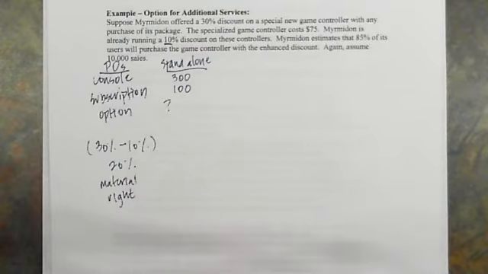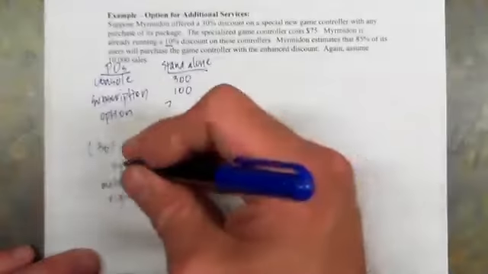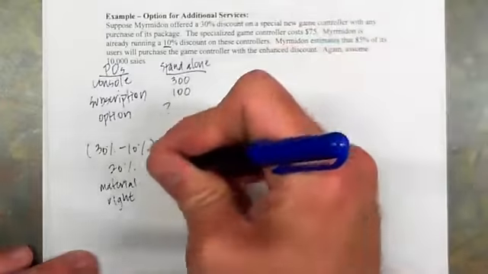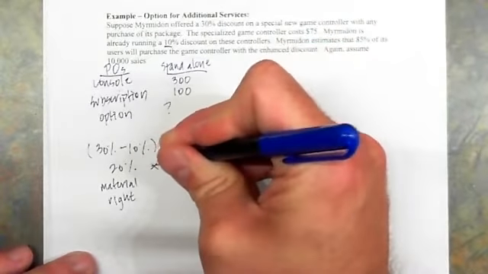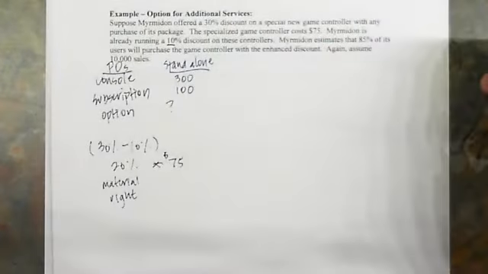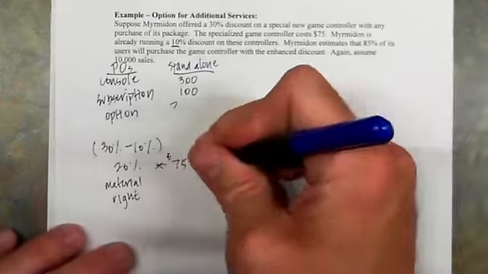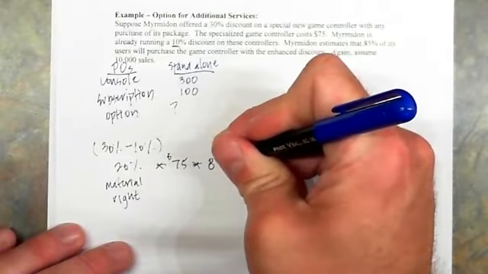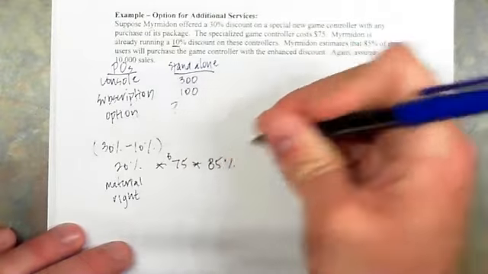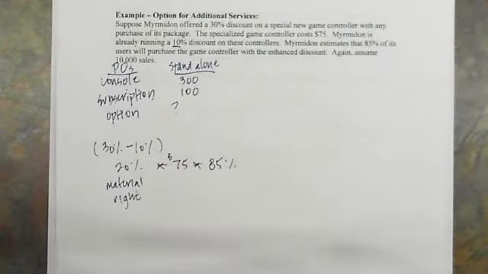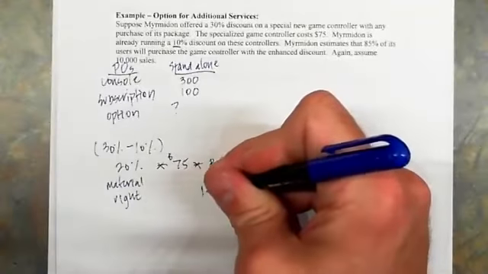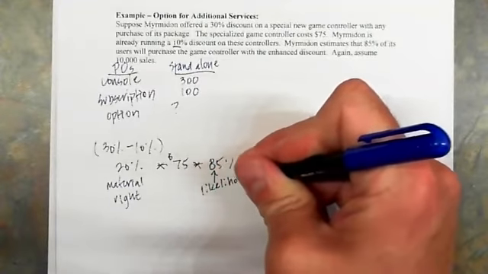They estimate that 85% of the users will purchase. So we have a 20% material right on $75. That's how much it costs. But then we also have to modify it by the likelihood that our users will actually use this discount. Some of them might not want the enhanced controller. And this becomes, again, the price of the option.